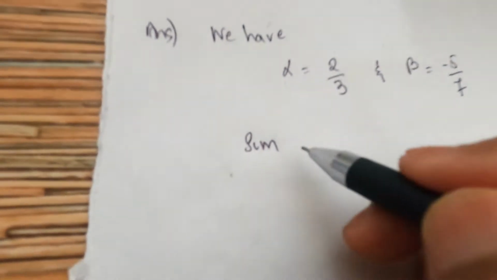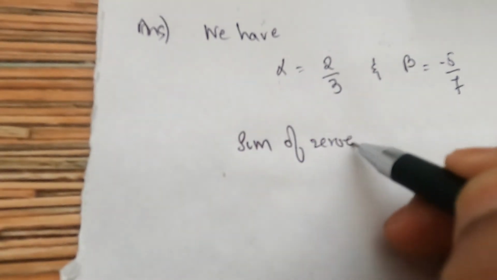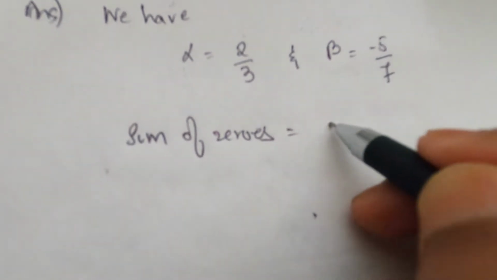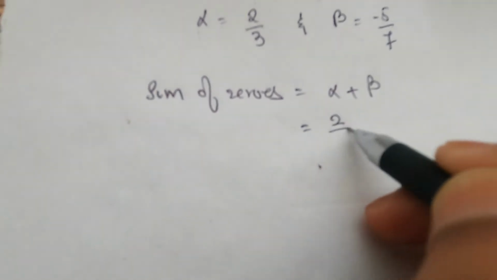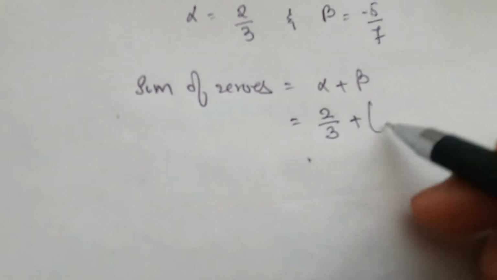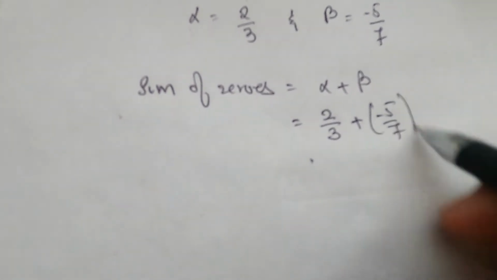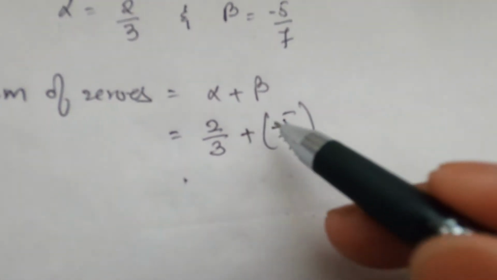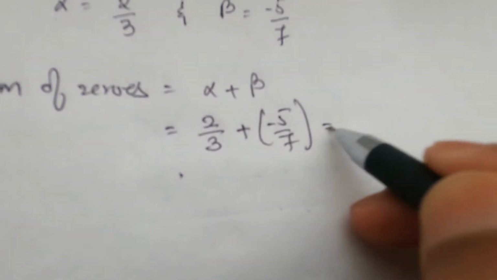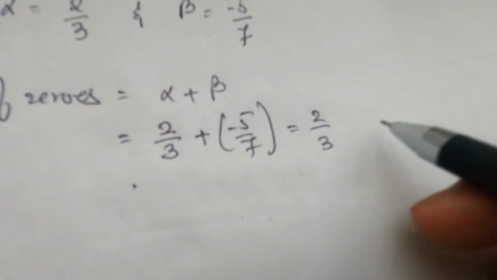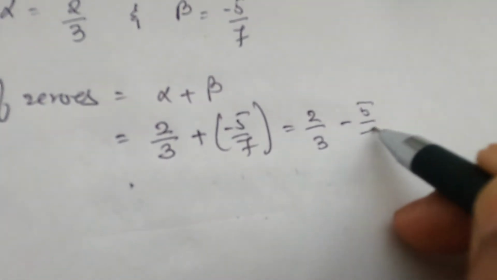Sum of zeros is equal to alpha plus beta, so it will be 2 by 3 plus minus 5 by 7. Plus into minus will be minus, so it will be 2 by 3 minus 5 by 7.